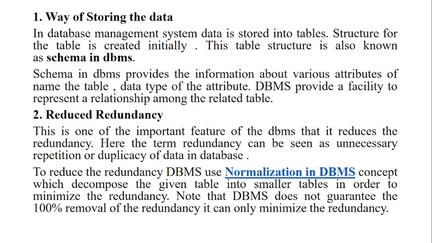For example, there is one student called Krishna, then we can store the same name or the same student data multiple times. So this is one of the important features of the DBMS, that it reduces the redundancy, that it will not allow storing the same data again and again in the same table.